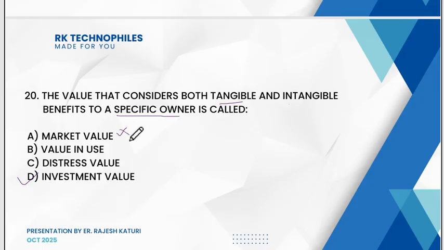You have to note it when there is a specific thing. So value in use is also not correct actually. Why? Because it is for a specific purpose and specific user. And it is current use only, not investment potential.